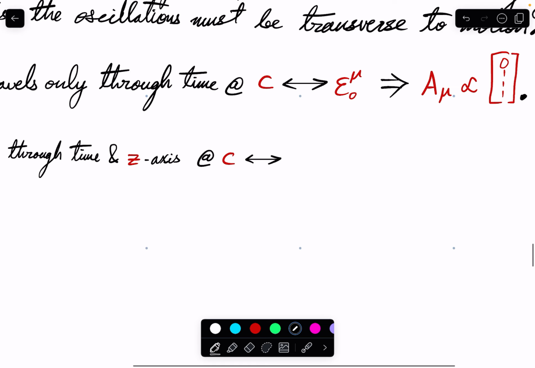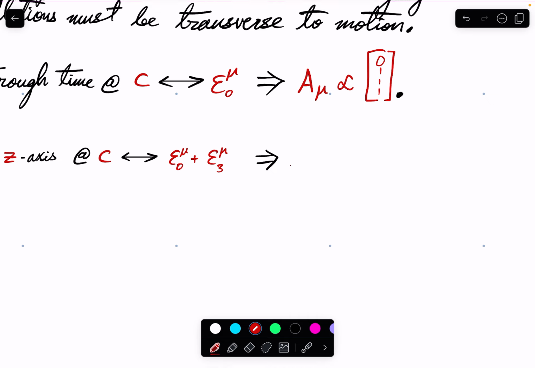And this corresponds to the time-like and then the z direction, which implies that the vector field of a massless particle is proportional only to these directions here.